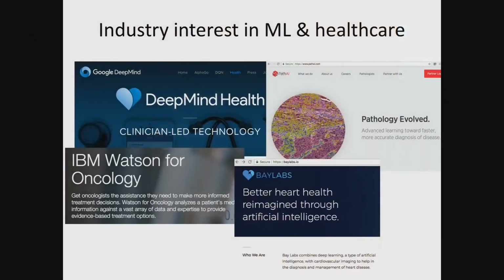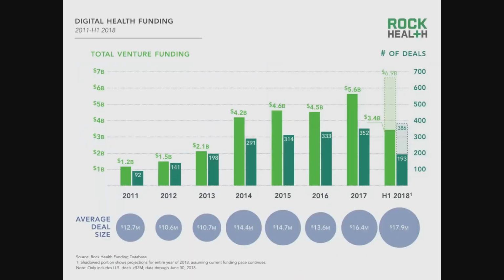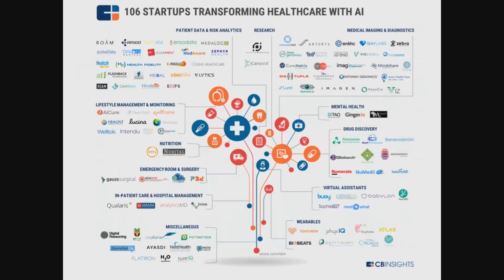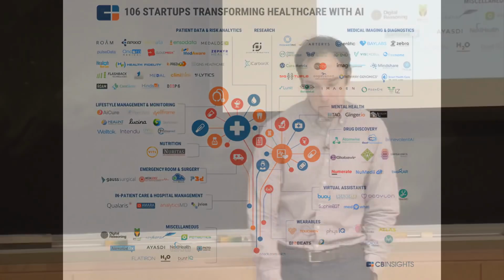These are just some examples from names I think many of you are familiar with, like DeepMind Health and IBM Watson, to startup companies like Bay Labs and Path AI, which is here in Boston, all of which are really trying to build the next generation of tools for healthcare now based on machine learning algorithms. There's been billions of dollars of funding in the recent quarters towards digital health efforts, with hundreds of different startups that are focused specifically on using artificial intelligence in healthcare.